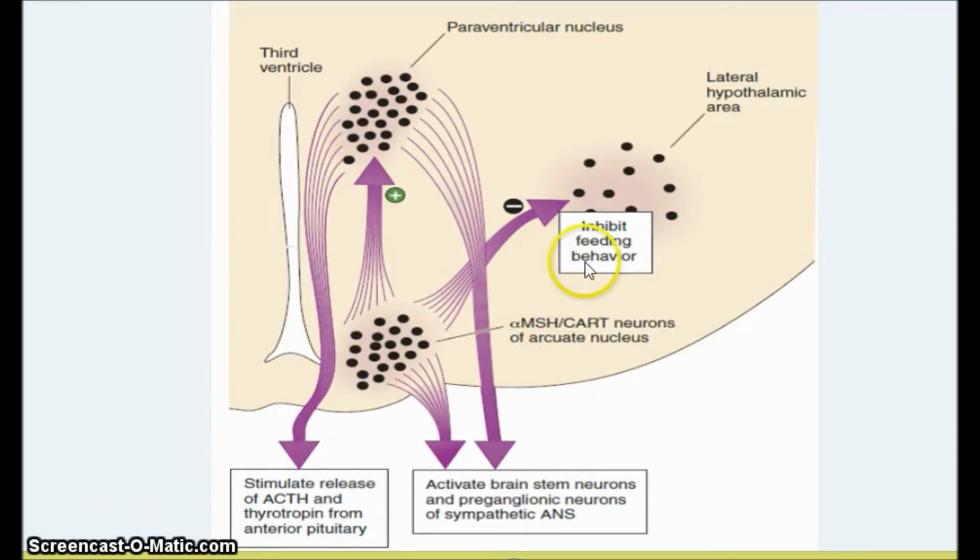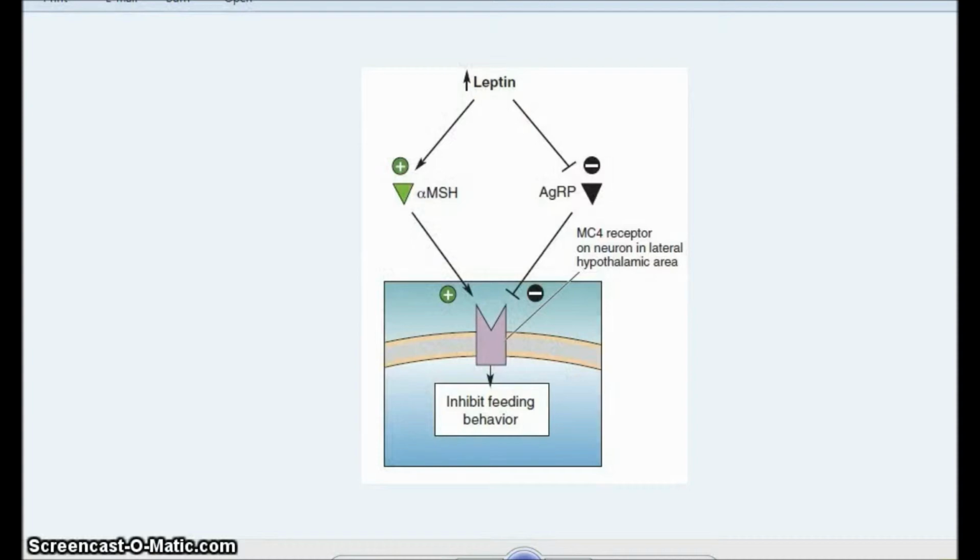Alright, so in your lateral hypothalamic area, there's basically competition between the alpha MSH molecule and the AGRP molecule. So the AGRP molecule wants to stimulate the feeding behavior, while alpha MSH wants to inhibit it. Basically, there's this special receptor in the lateral hypothalamic area on some of the neurons there called MC4.